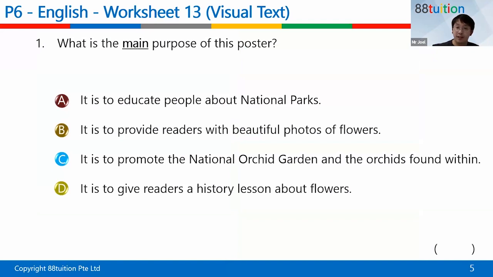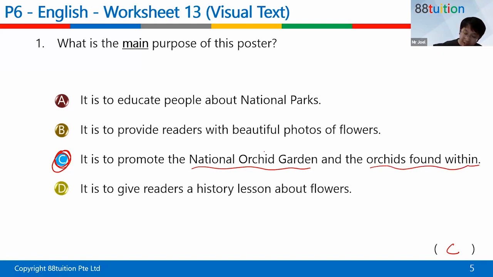Here comes Victoria. The rest got it right, basically. Okay, Dania has answered. How about Jairus? Okay, so Jairus is actually correct. Dania, you're unfortunately incorrect. The answer is actually C. It's to promote the National Orchid Garden and the orchids found within.